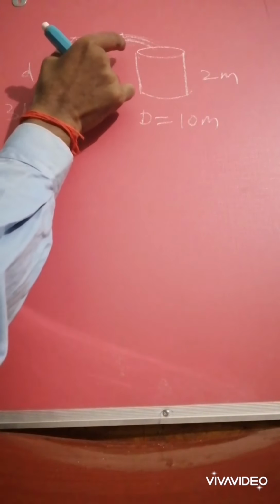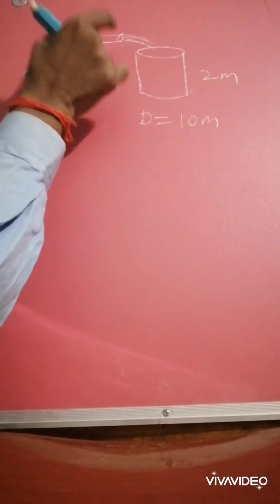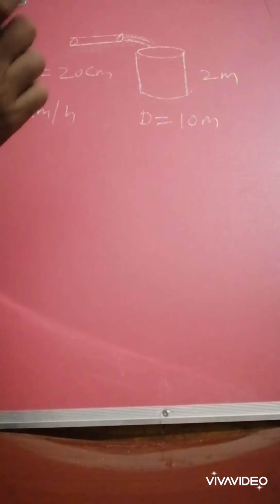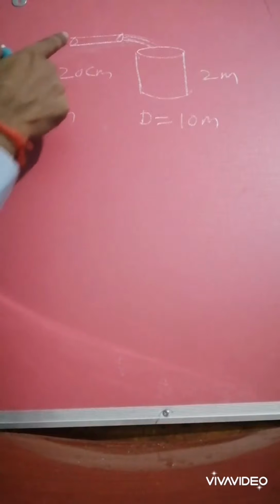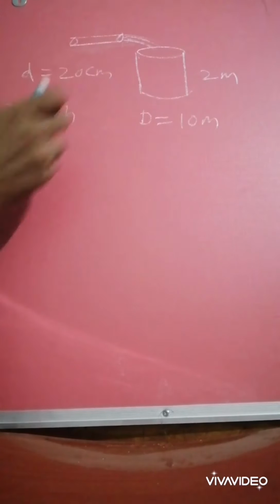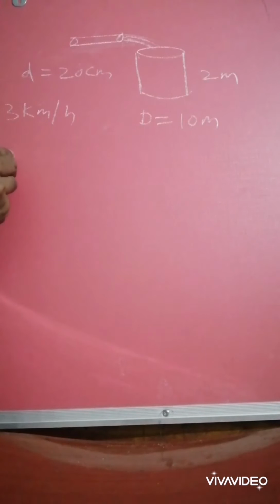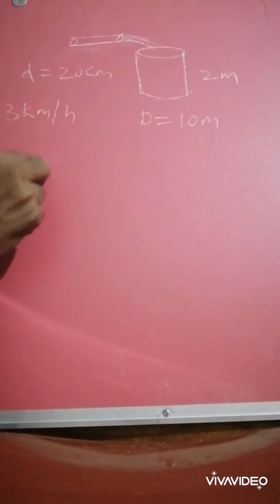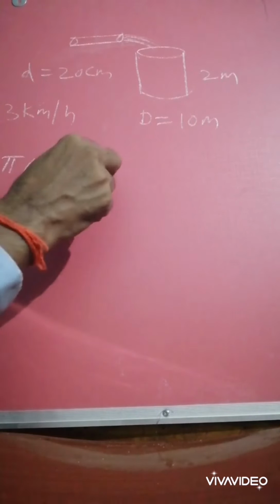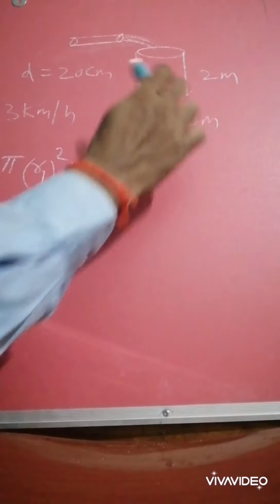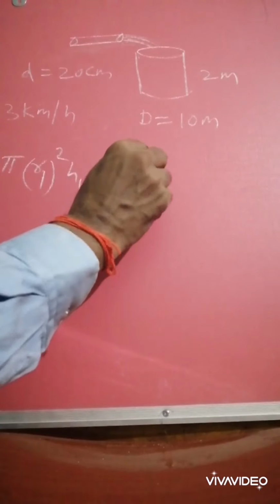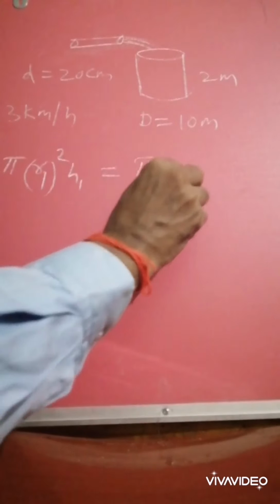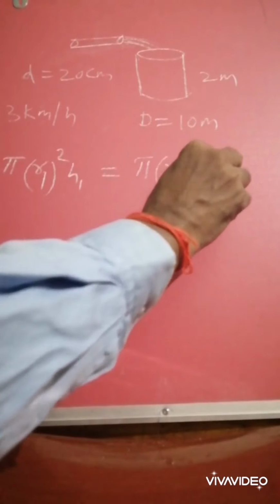So the volume of water flowing in the pipe is, by our formula, pi r1 square h1, is equal to water in the tank, this is all cylinder, pi r2 square into h2.